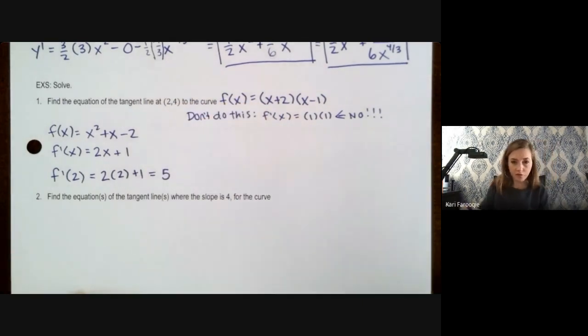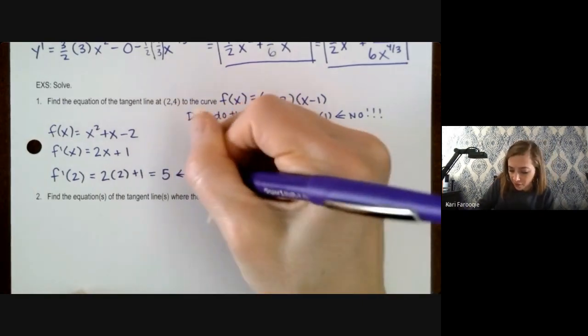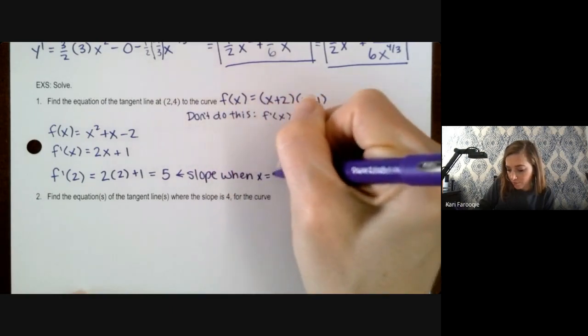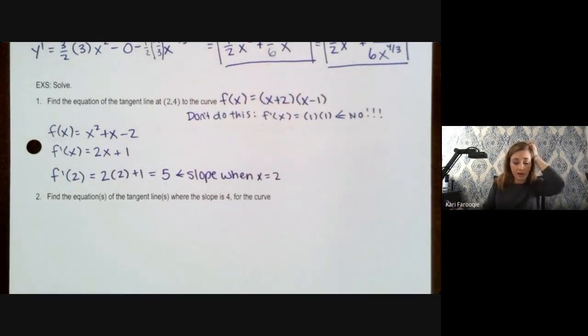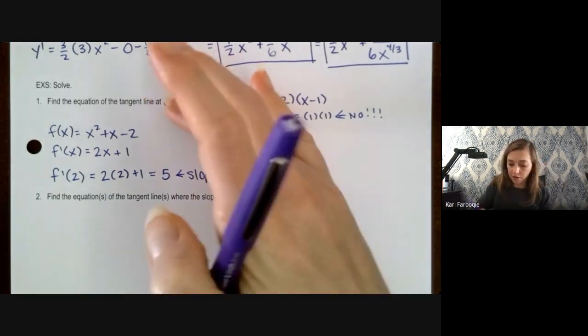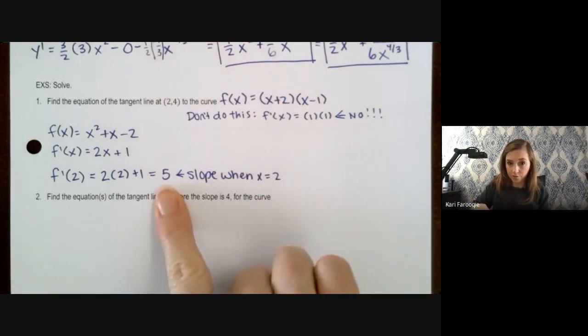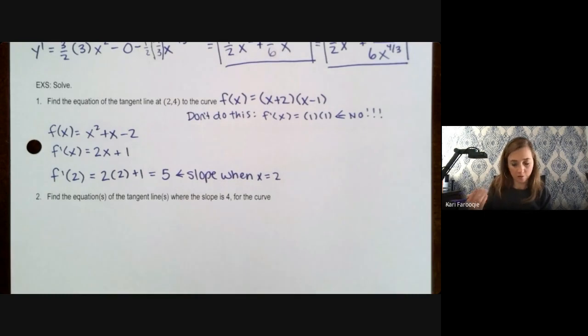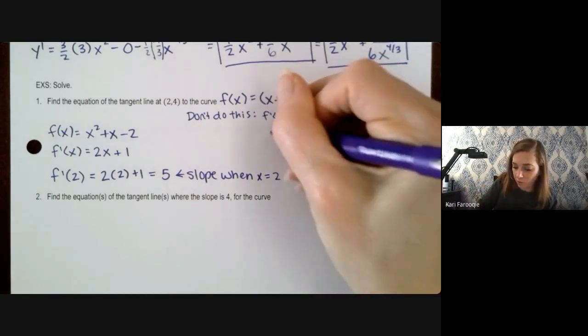So this is the slope when x equals 2. And if I'm finding the equation to the tangent line at this point, well, you have a point, you have a slope. Remember that when you are looking for the equation, when you have a point and a slope, it's, I think, best to use point slope form.